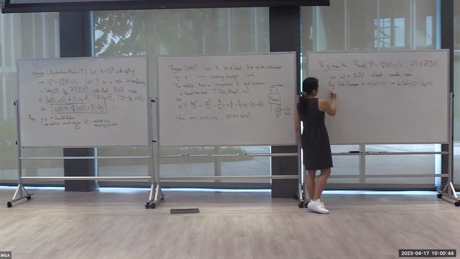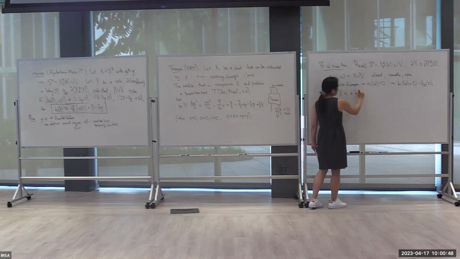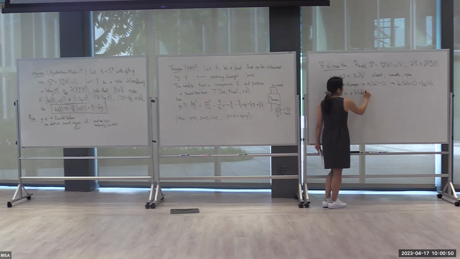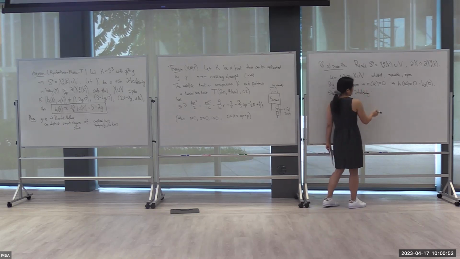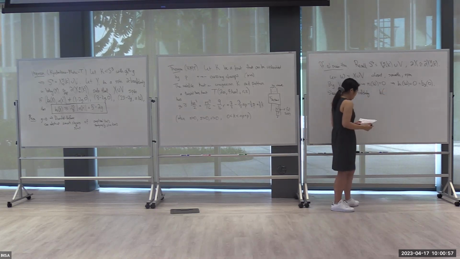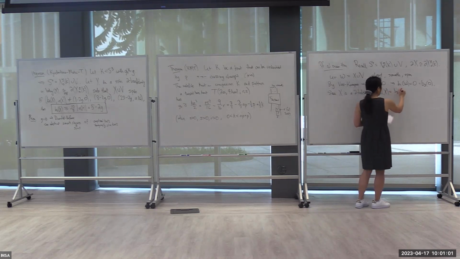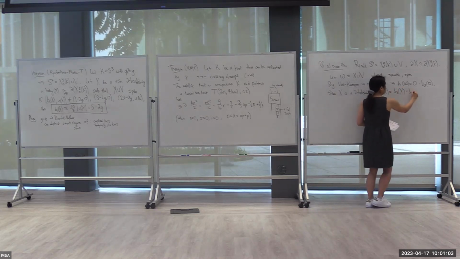And then since X is a 2-handlebody, we also know these numbers: b1, b3, b4.